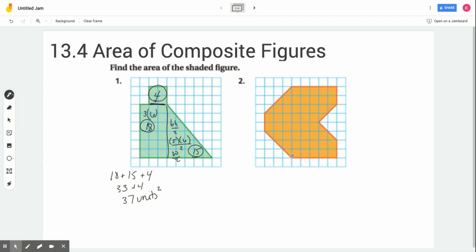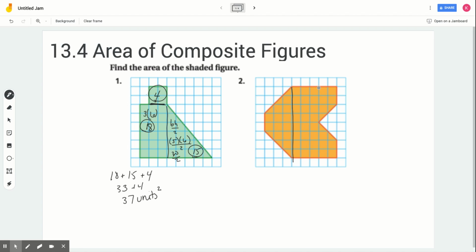Now on this next one, we can take a look at what figures we would see. This one's a little bit more complicated, and there's no right or wrong answer with how many figures you split it up into. So for instance, for myself, I would probably split this piece into a trapezoid.